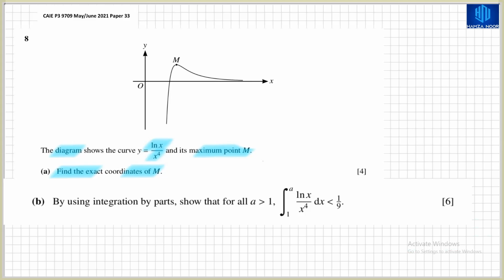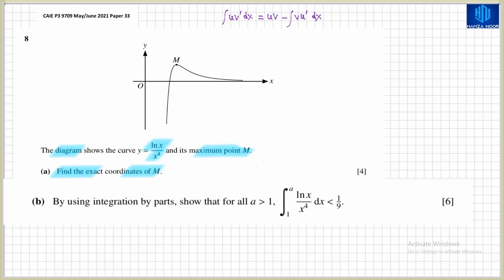As you already know, when you are asked to do integration by parts, the integral is in the form of u times v dash with respect to x. When you integrate this, you get uv minus the integral of vu dash with respect to x.